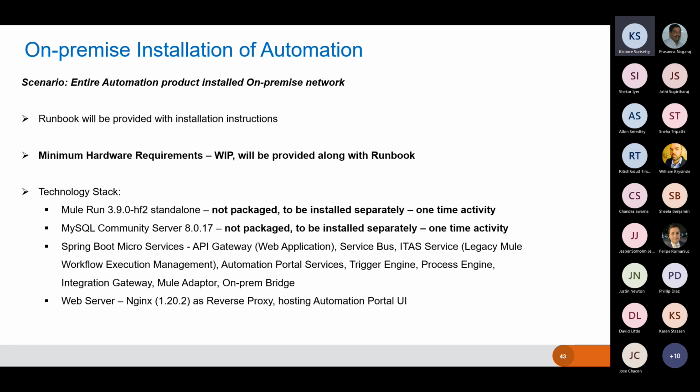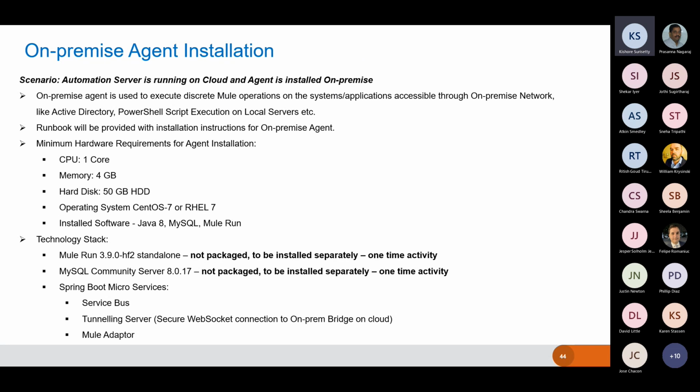So this is one scenario, and then we have the other scenario we discussed while covering the deployment architecture, where the automation server runs on the cloud and the agent is installed on premise.